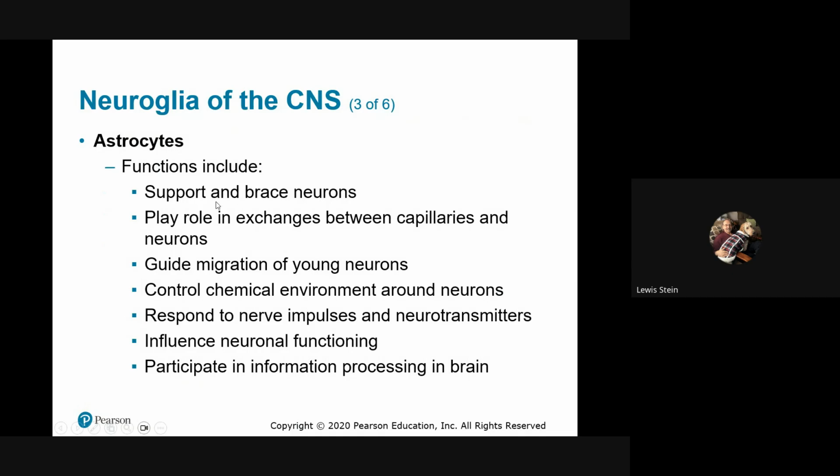Functions include support and bracing. They're supportive tissue, as most glial cells are. This is the exchange. I'll show you diagrammatically what it looks like. This is the maturation process. By doing the exchanges, they're controlling the chemical environment.